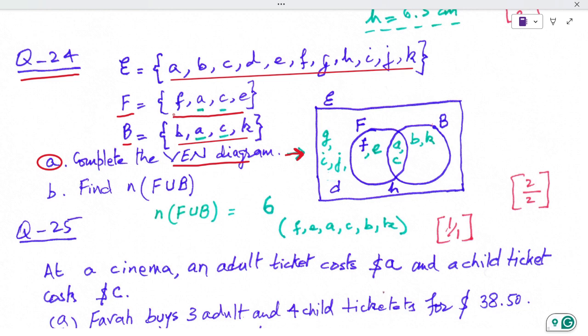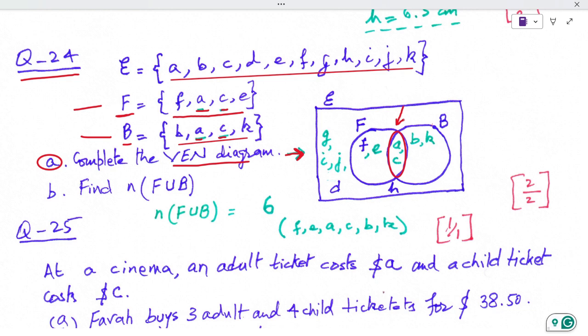Now, if we look at the subsets F and B, A and C are common in both, so we are going to write down A and C in the intersection of the two circles, that is, where subset F and subset B overlap each other.